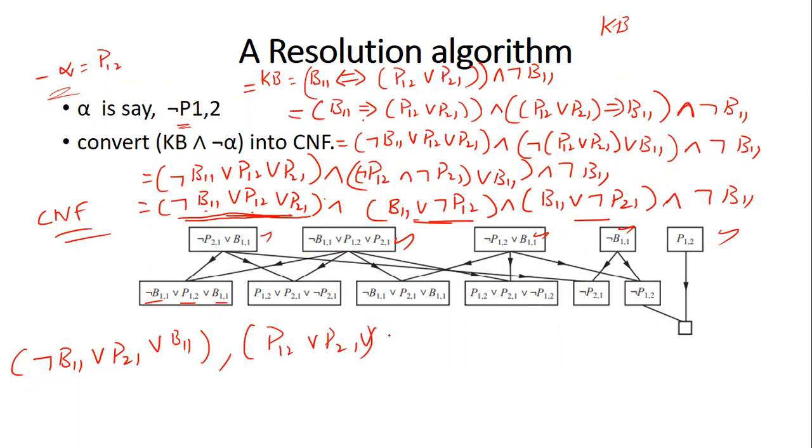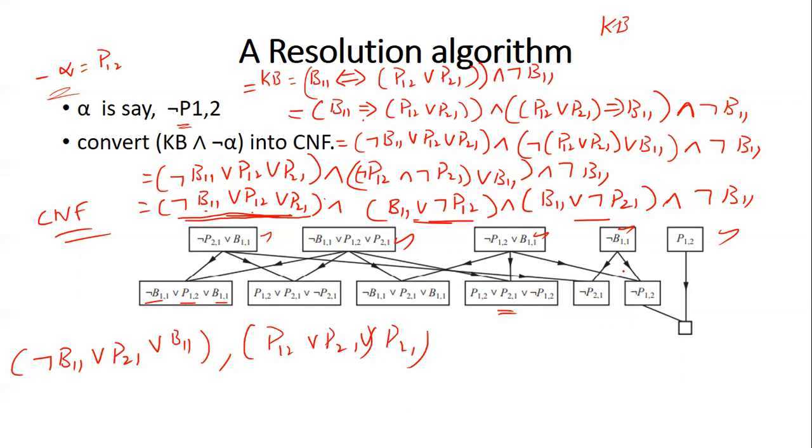Okay, this is not P21 or not P21. So that is what this one, right? So on and so forth. Similarly, when you apply resolution between this and this, you will get P12 or P21, right?